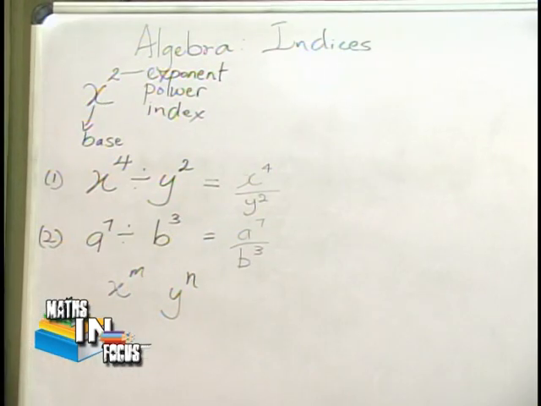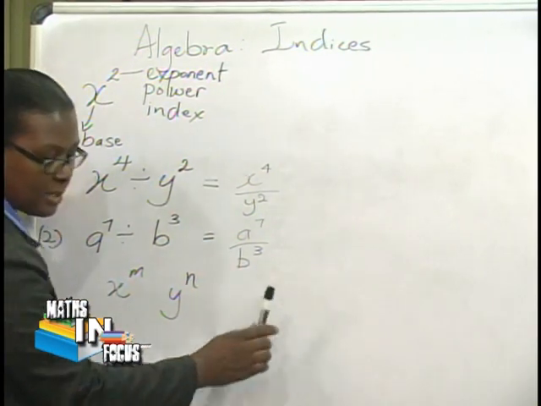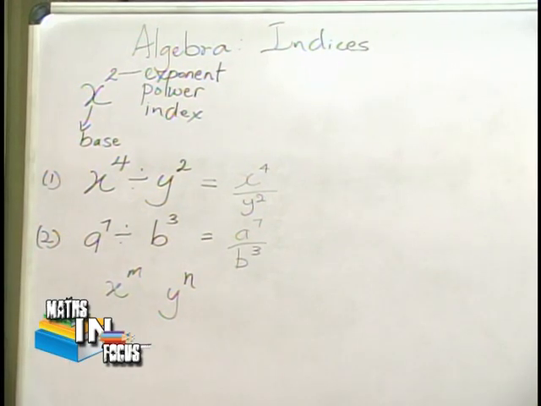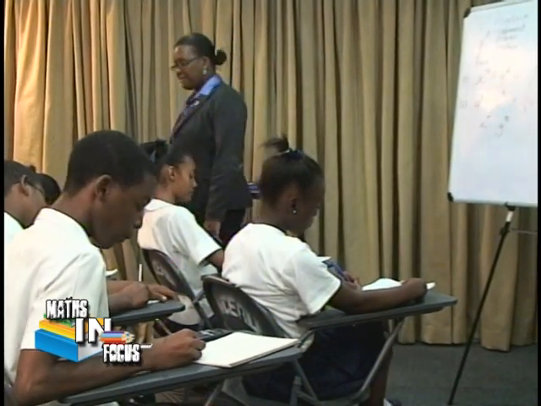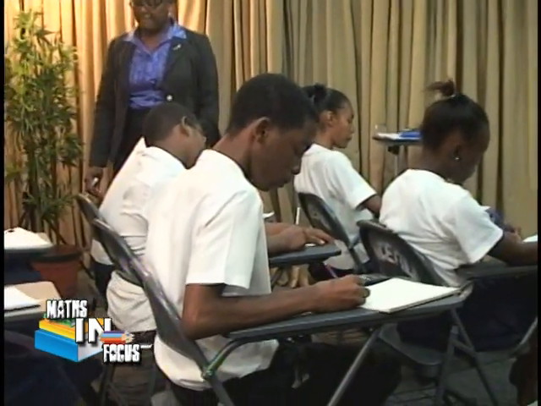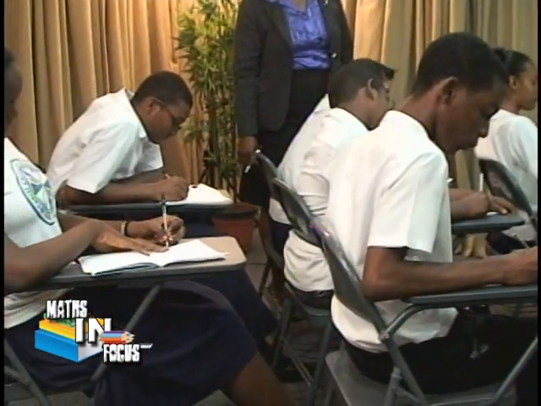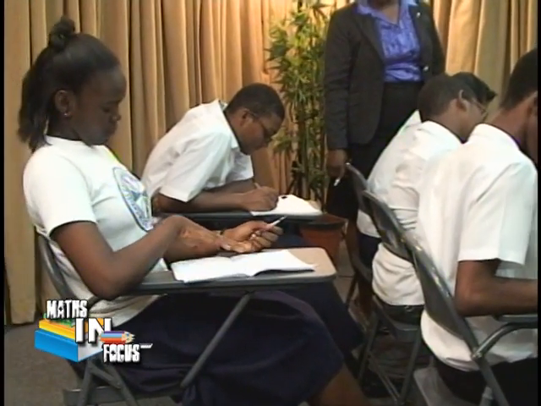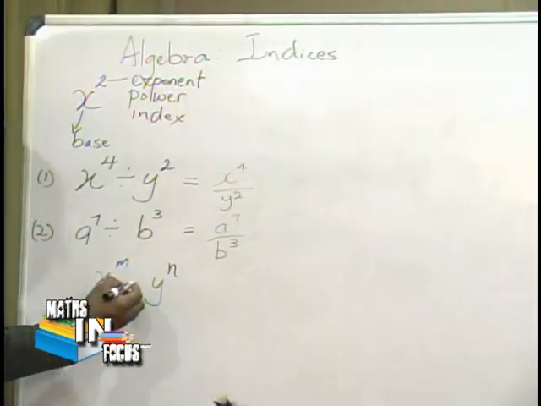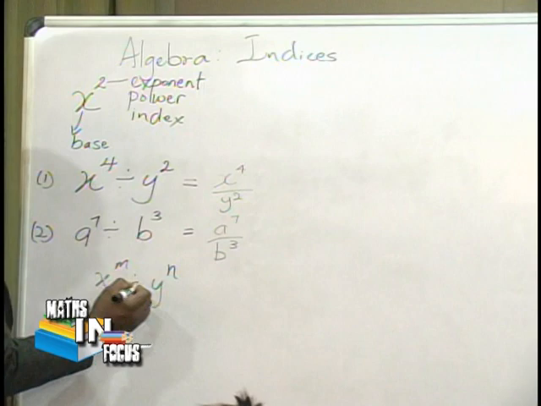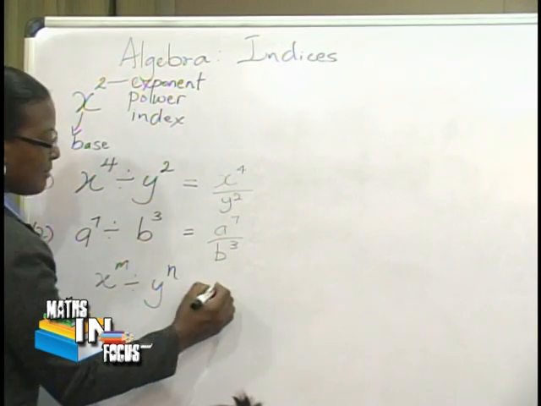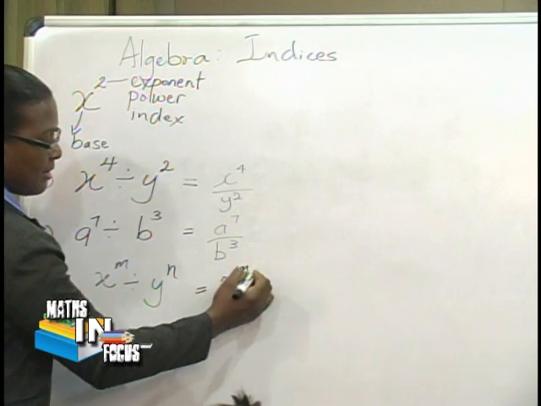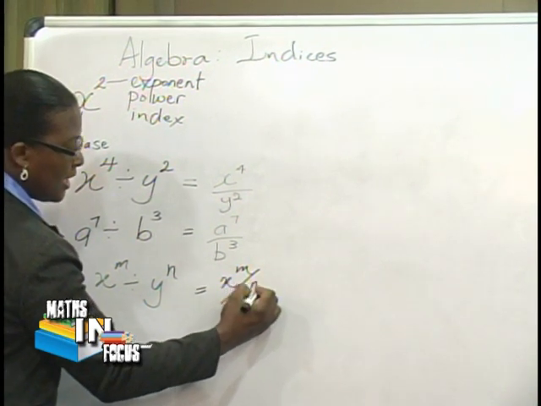Go ahead and fill in the division sign, equals, and put the solution. x to the m power divided by y to the n power.